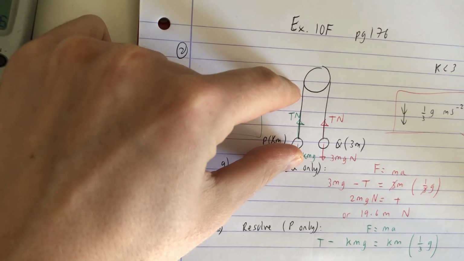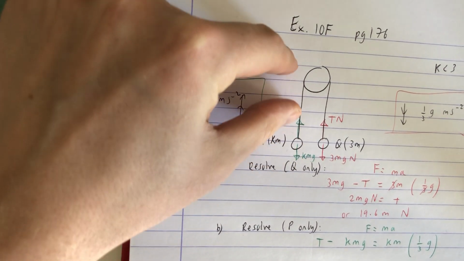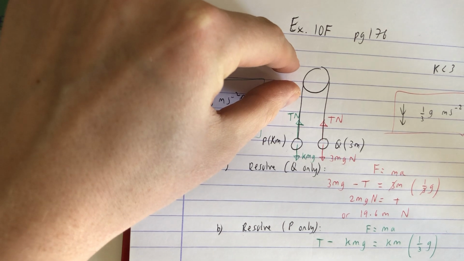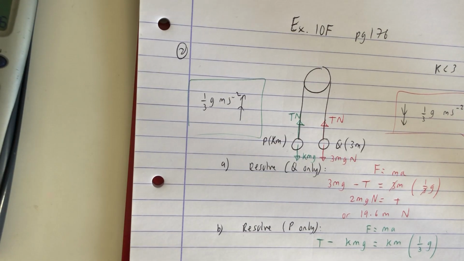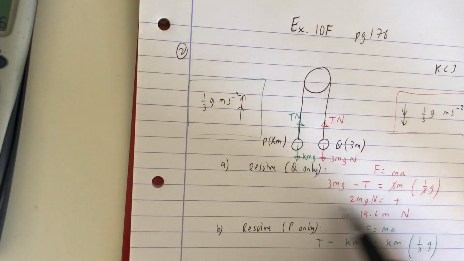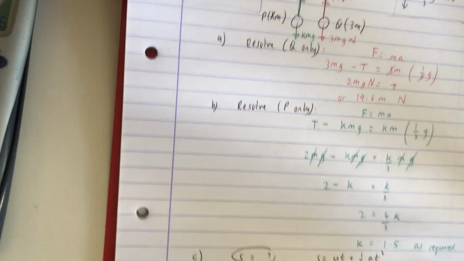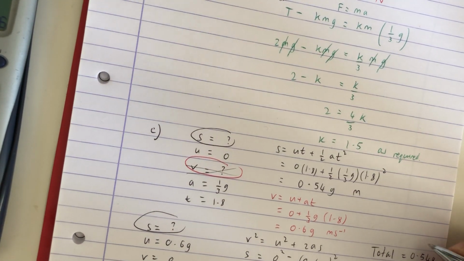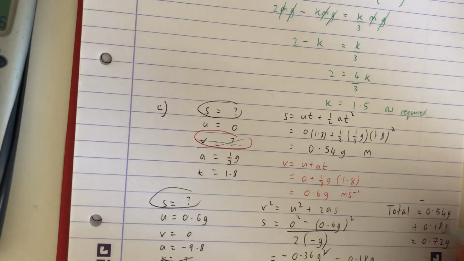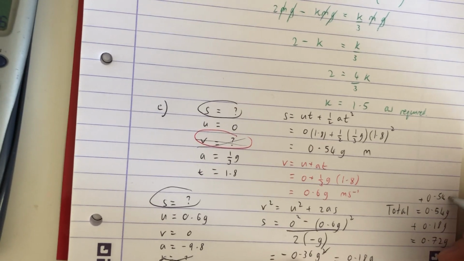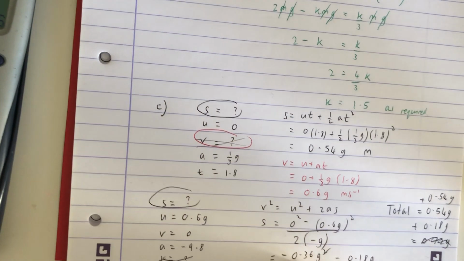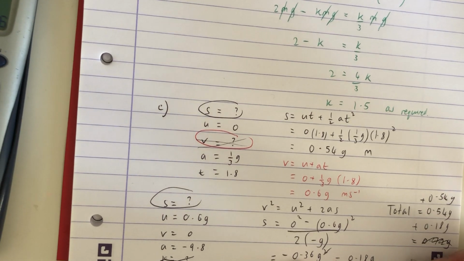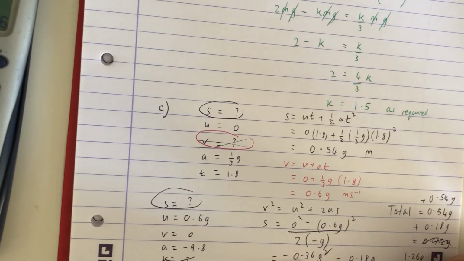P went up by 0.54 g, then it went up a little bit more, which was 0.18 g. But the question is, show that the greatest height above the plane. So you actually want to add in the extra 0.54 g, how far apart they were at the start. So an extra 0.54 g on top, to give you not 0.72 but 1.26 g as required.